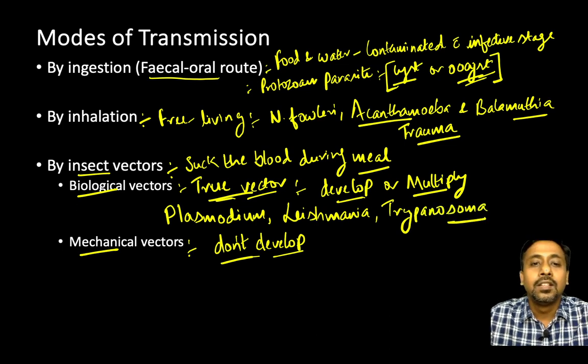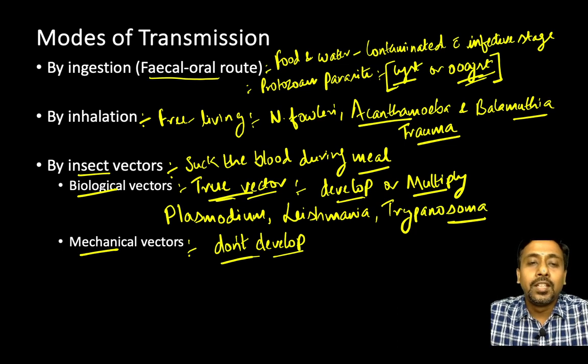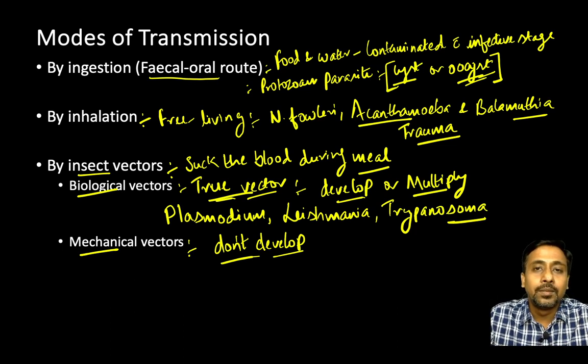So in them the mode of transmission is by insect vectors. These insect vectors are true vectors because in them the parasite will develop or multiply.